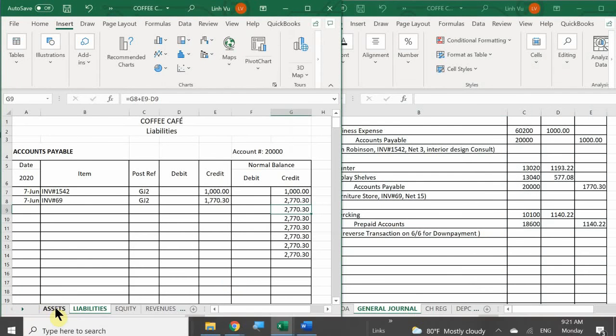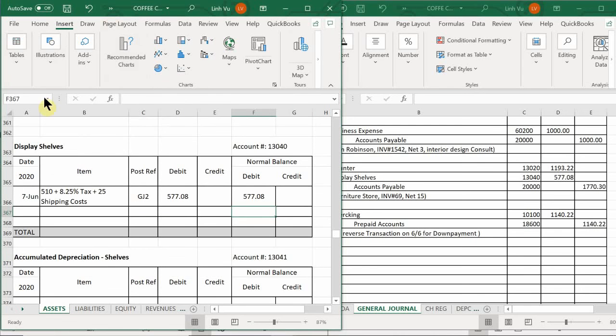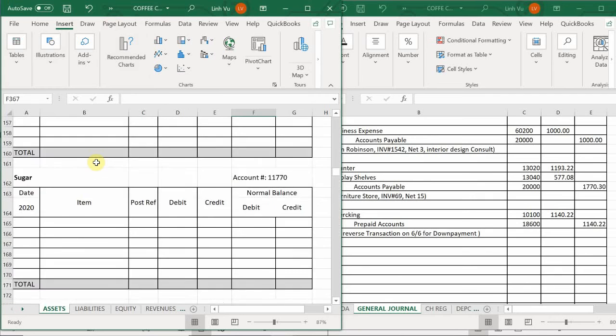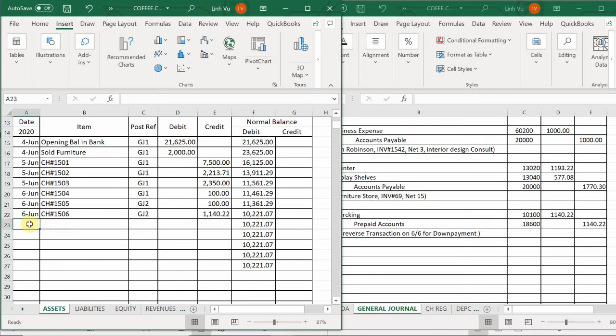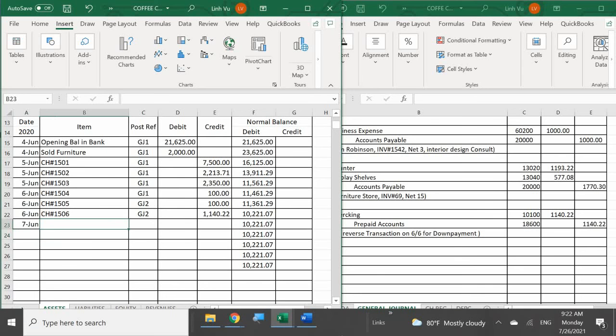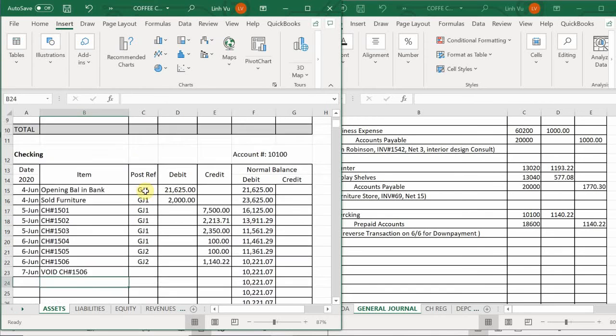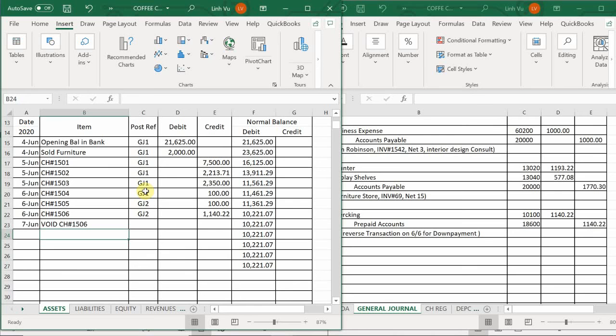So first thing I've got to do is go to checking, because now, since I voided the check, which one are you in now? I'm in the general ledger. Okay, I'm under my checking account because now I have to reverse everything.